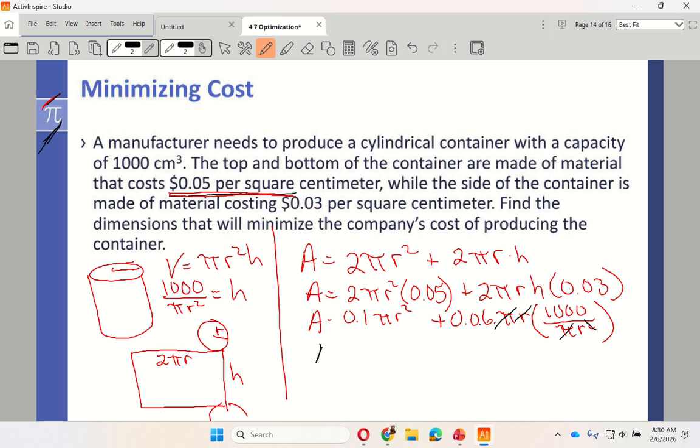So area is 60 over r, no pi. But it'd be r to the -1 because I'm trying to get this ready to actually do the derivatives now.